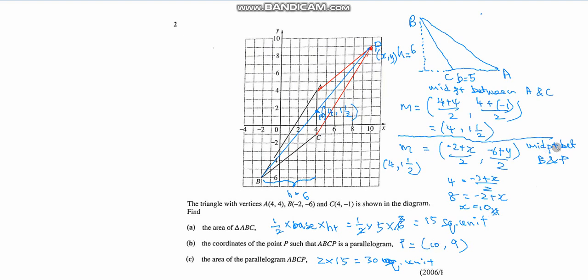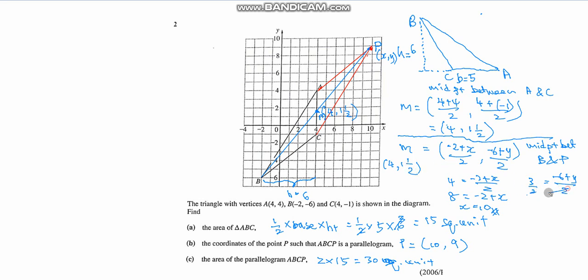Now similarly you take the y, so it's half. This is minus 6 plus y over 2 equals 1.5. Wait, there's something wrong here. This 1.5 is 3 over 2.